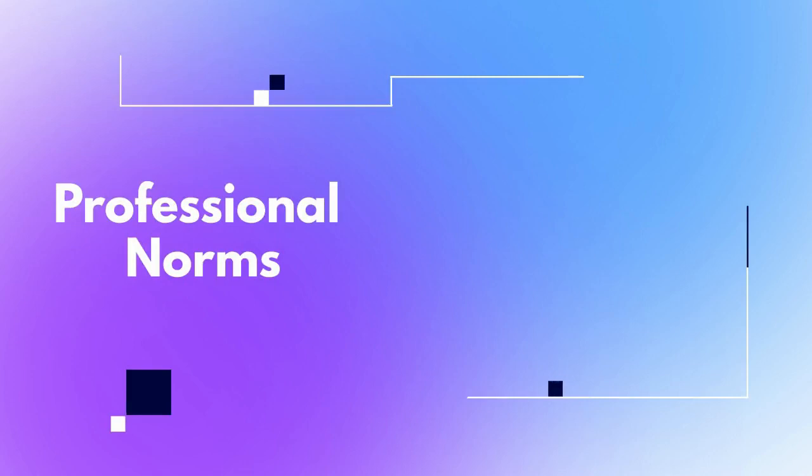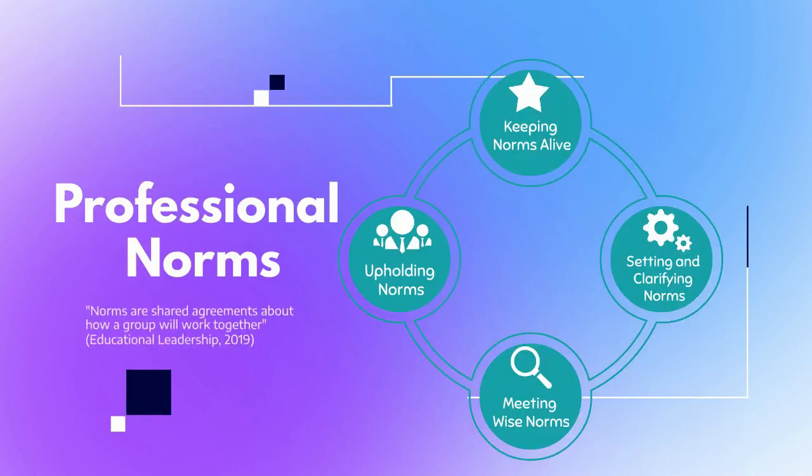The professional norms. Norms are shared agreements about how a group will work together. I think of professional norms as a circle or a cycle. Setting and clarifying the norms, I think, is really important whenever you're establishing a new group or a new team. Meeting the norms: making sure that everyone in the team or in the room understands the norms.